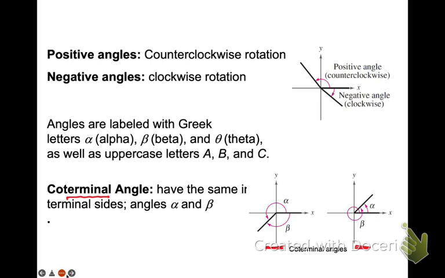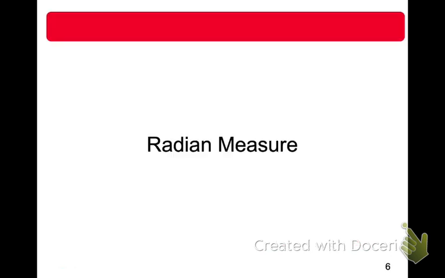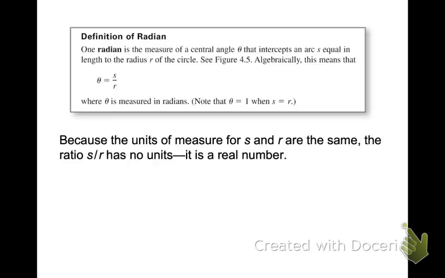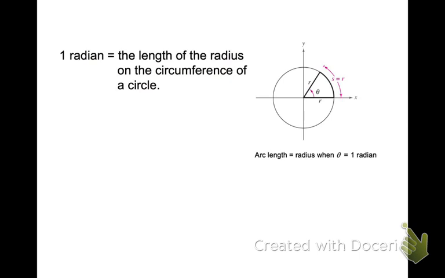And we'll talk about coterminal angles in a few seconds again. So radian measure. When I introduced radian measure to you yesterday, I talked about how radian reminded us of radius, correct? So what a radian is, 1 radian, is equal to the length of the radius on the circumference of the circle.